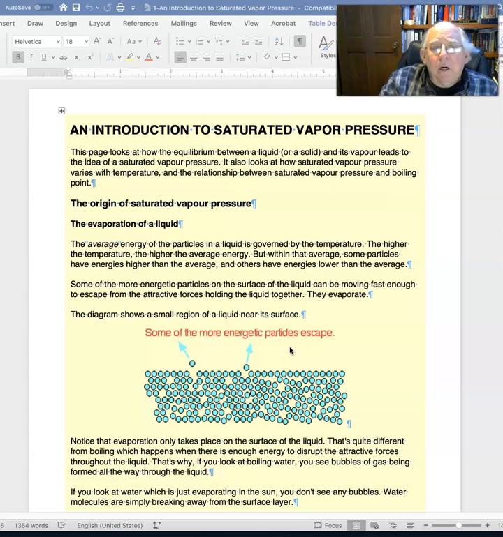When one has a liquid that is confined and there is a surface associated with the liquid, and the liquid is at a given temperature, there is an interaction wherein some of the liquid molecules have enough energy to actually escape into the vapor phase.